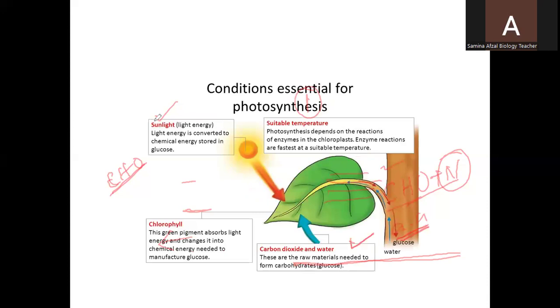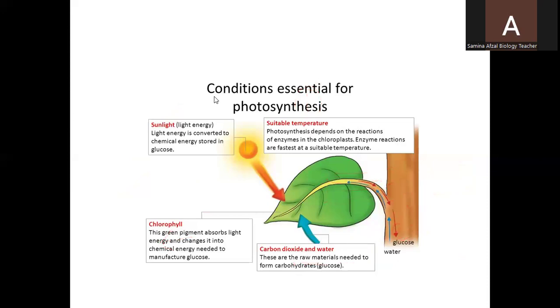In the next slide, we will discuss the different conditions which are necessary or essential for the process of photosynthesis. First of all, the sunlight. You know, photolysis takes place. During photolysis, when water breaks down, it will provide the hydrogen to the carbon dioxide to make carbohydrates.